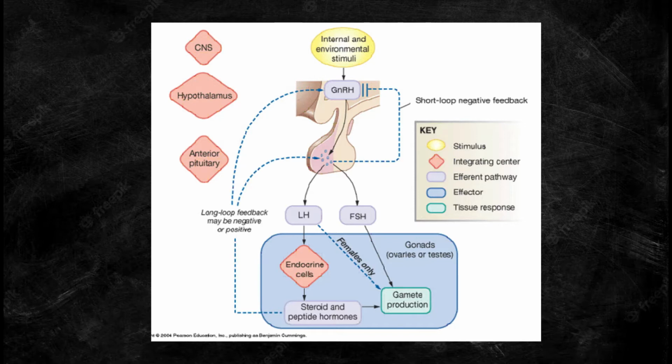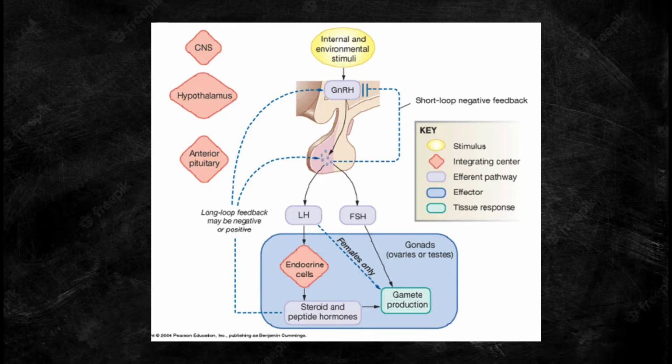These serve different functions in both men and women, but we will just be having a look at men for now. So luteinizing hormone in men is what is required to form testosterone. Low levels of luteinizing hormone will result in low levels of testosterone. Follicle-stimulating hormone is responsible for the production of gametes, or simply is responsible for the production of sperm.